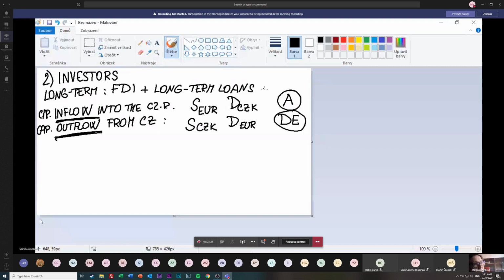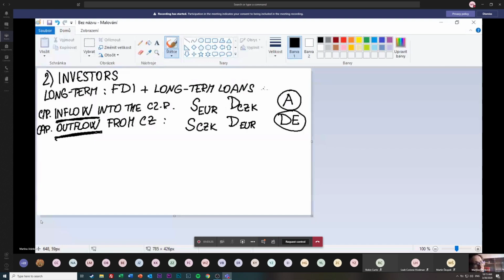There are coming importers. There are coming many investors. Someone is demanding Czech crowns, someone is demanding euros, dollars, and so on. So I would like you to understand how everything is coming to the currency market.